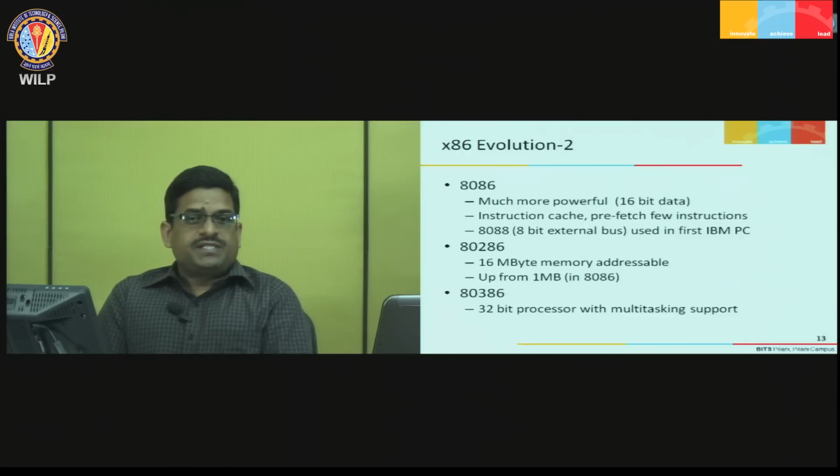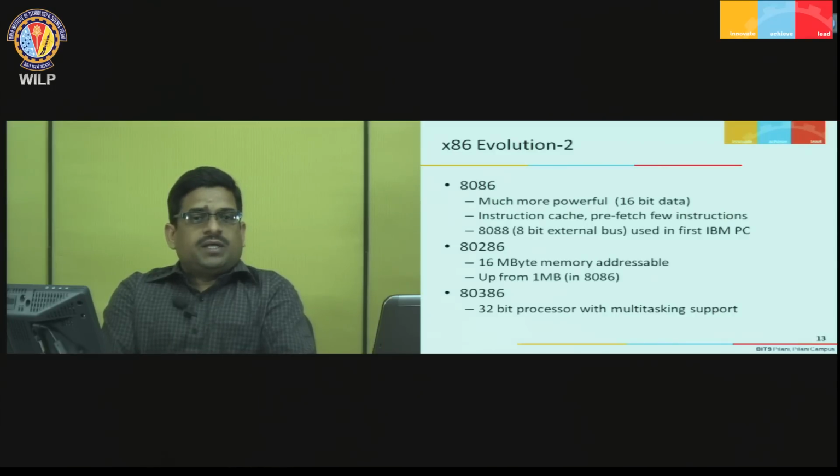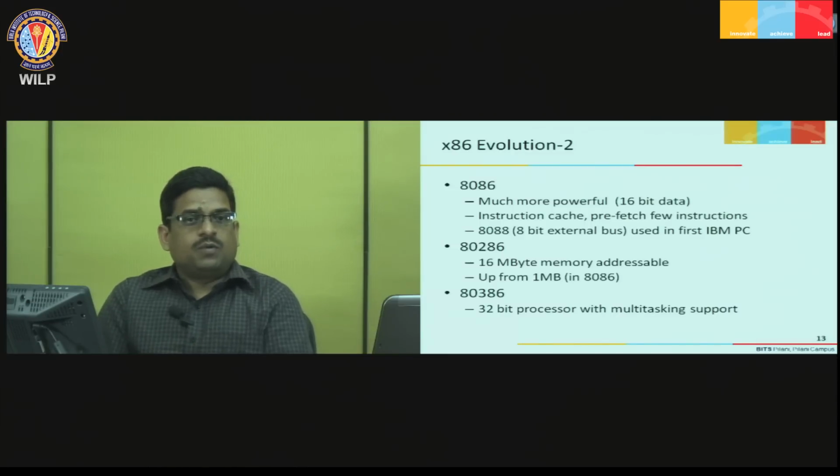Then the 386 is a 32-bit processor, which means it can process 32 bits at a time. Once the number of bits processed at a time is increased, the kinds of operations or tasks that can be done by the machine are also improved, in terms of what it can process and the amount of time it takes. So there is multitasking support, which means multiple tasks can be done simultaneously.